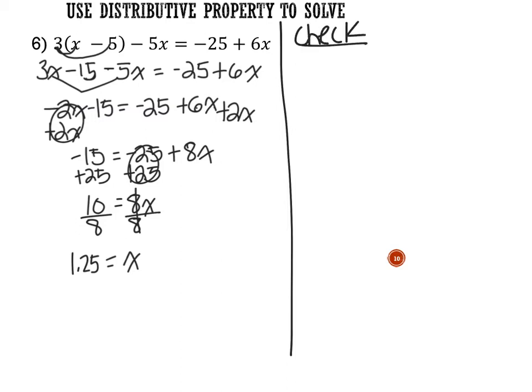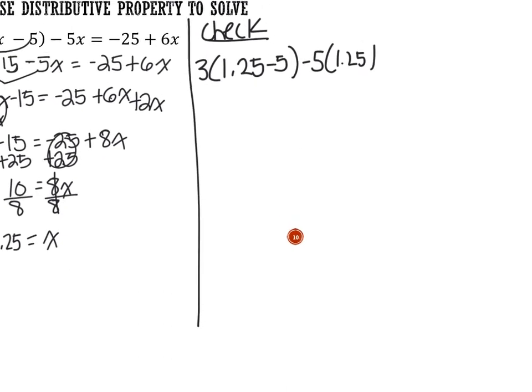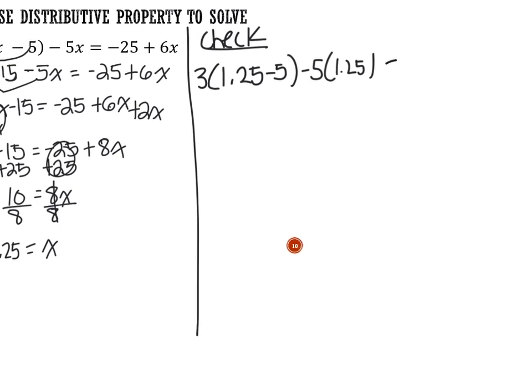So 3 times (1.25 minus 5) minus 5 times 1.25 equals negative 25 plus 6 times 1.25.